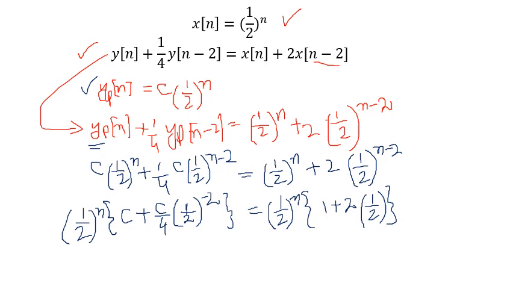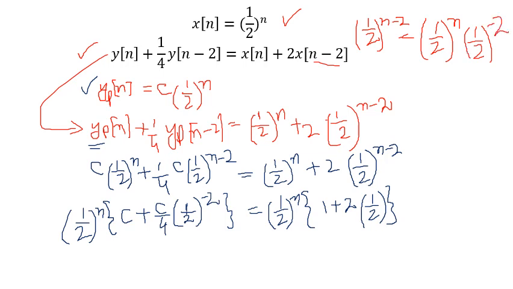And because we have here c 1 by 2 power n minus 2, this we can write as 1 by 2 power n into 1 by 2 power minus 2. So we have taken this one common, so we are left with 1 by 2 power minus 2, and again here also we are left with 1 by 2 power minus 2.